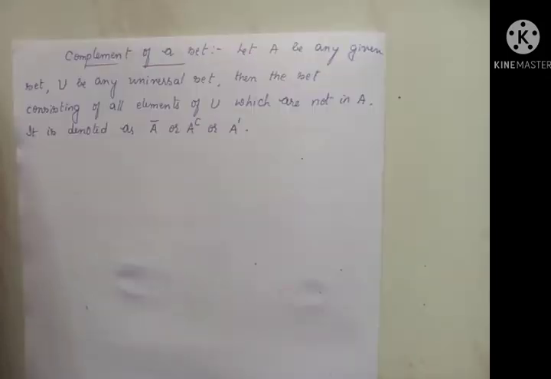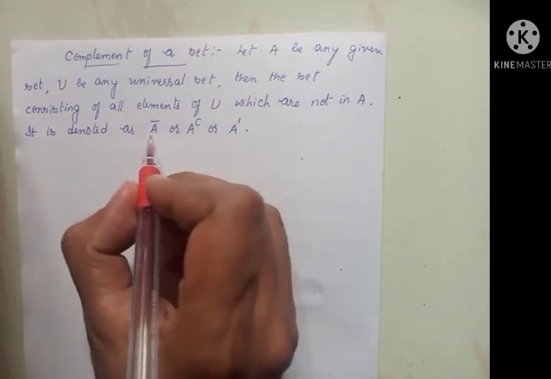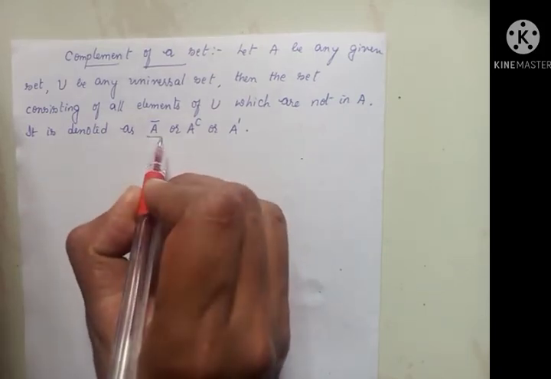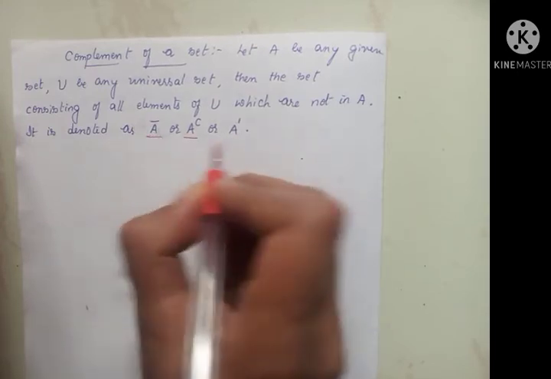Next one is the complement of a set. To define a complement set, you must know what the universal set is. Okay. The complement of a set is denoted either by the symbol A dash, or A to the power C, or A bar.